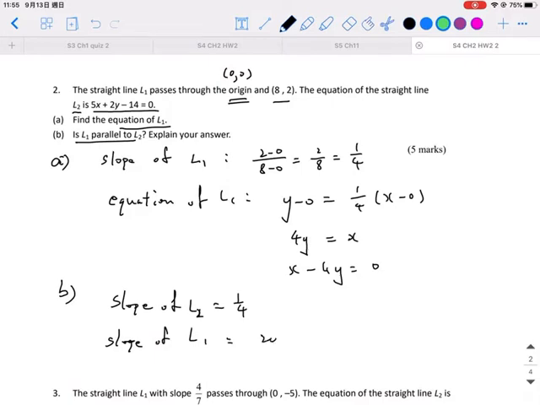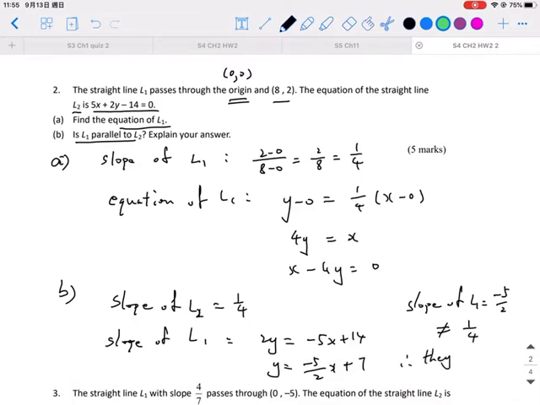That means 2y equals -5x plus 14, and just divide by 2. That means y equals -5 over 2 x plus 7. So the slope of L2 is equal to -5 over 2, which is not equal to 1 over 4. So they are not parallel.